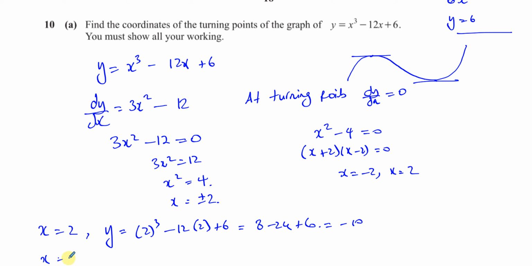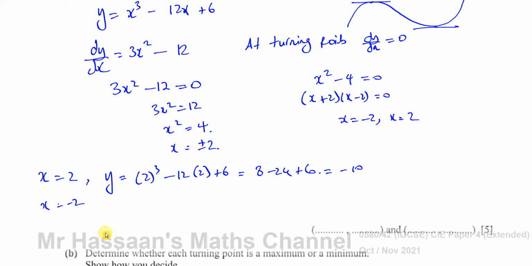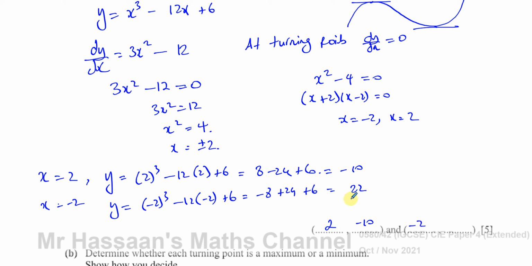And when x equals negative 2, you have y equals negative 2 cubed minus 12 times negative 2 plus 6. Well, that gives you negative 8 plus 24 plus 6, which is 30 minus 8, which is 22. So the two coordinates are when x equals 2, y equals negative 10, and when x equals negative 2, y equals 22.